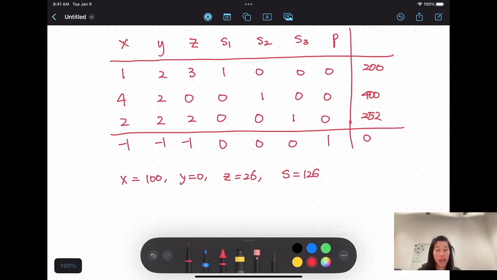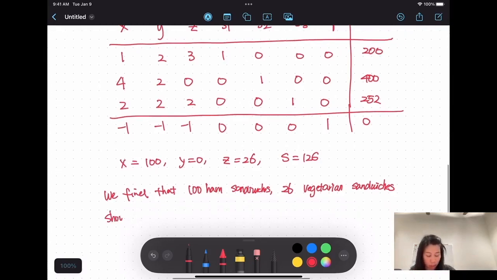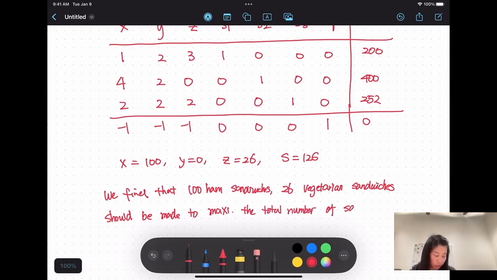So that means we found that 100 ham sandwiches, and 26 vegetarian sandwiches, and 0 light ham sandwiches should be made to maximize the total number of sandwiches.